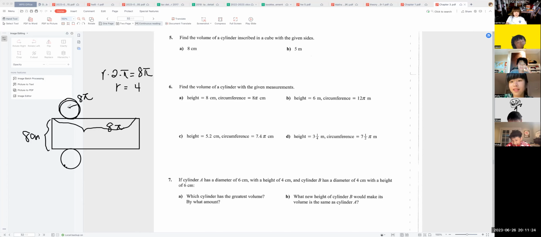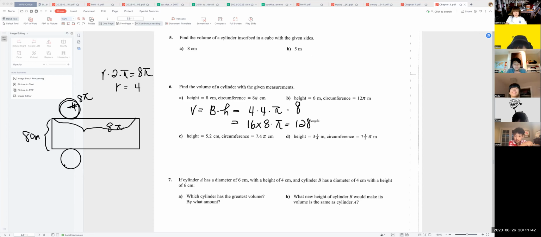So the radius equals 4. So how do we calculate the volume? Equals base times height equals 4 times 4 times pi times 8. So the answer is 16 times 8 times pi equals 128 pi centimeter cube.